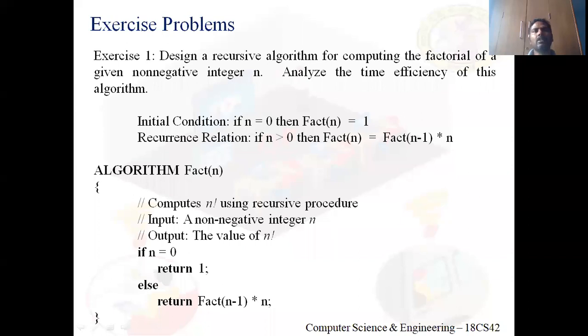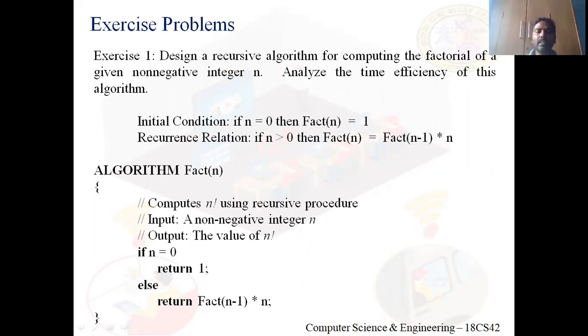If you know the factorial of 4, you just multiply 5 to that, and you will get the factorial of 5, right?